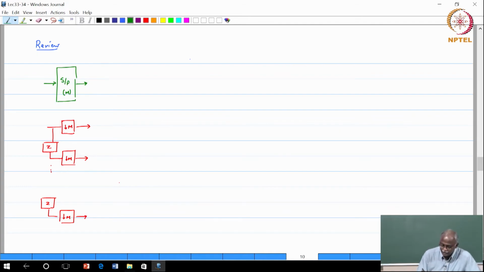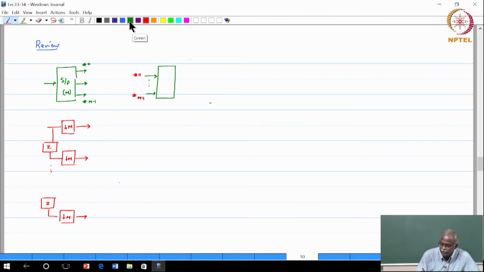Okay. Yes, and then we also had another block which was the parallel to serial converter. So, to which you would feed in multiple blocks. This is output number 0, this would be output number m minus 1. So, likewise you have the input number 0, input number m minus 1.